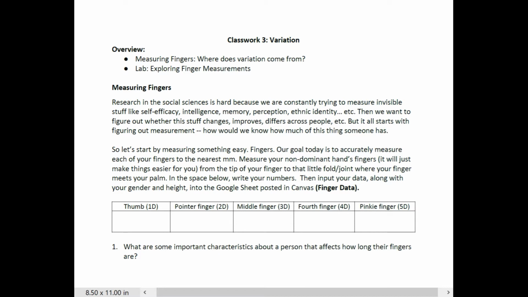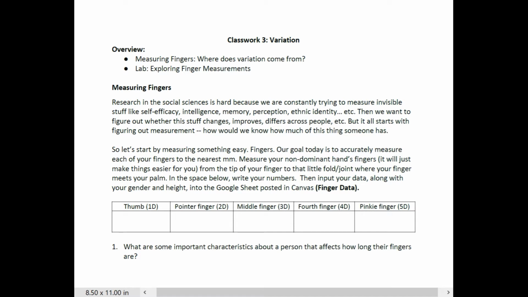Our goal today is to accurately measure each of your fingers on one hand to the nearest millimeter. This is a little trickier to do online than in person, where we all have printed copies of the same ruler, but the measurements themselves are ultimately not as important as the concept here. So, using a ruler, a tape measure, or a website like iruler.net, measure your non-dominant hand's fingers.